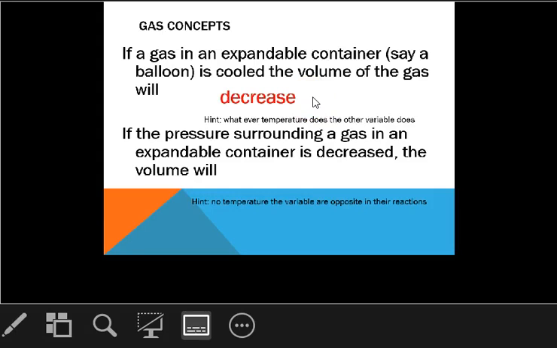If the pressure surrounding a gas in an expandable container is decreased, the volume will increase. So remember, if the temperature goes down, the volume goes down. But if temperature is not involved, then the reaction has an inverse relationship. So when no temperature is involved, the opposite things happen with the variables.